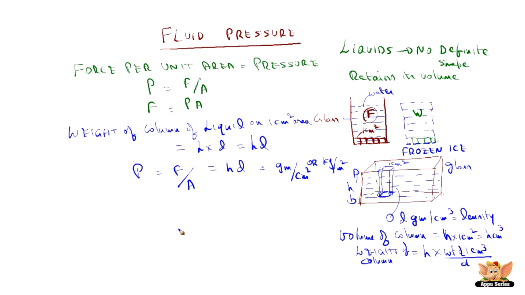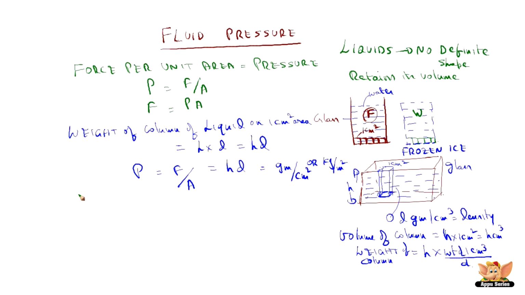So this is how we got to know what is the pressure applied or exerted by the liquid on a column of 1 centimeter square where the container is of height H. At any depth of the container, the pressure can be measured, and it doesn't depend on the shape of the container.